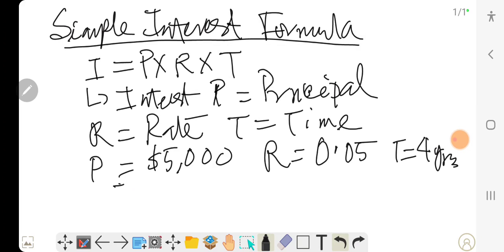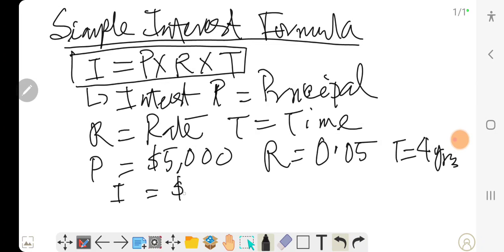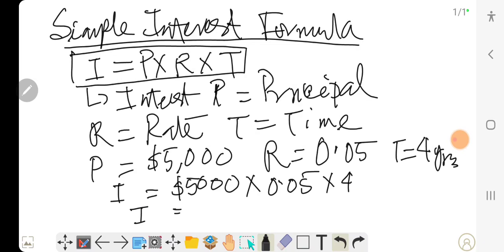My interest calculation, according to this formula, is going to be 5,000 multiplied by 0.05 multiplied by the number of years, 4, which in this case is going to be $1,000.